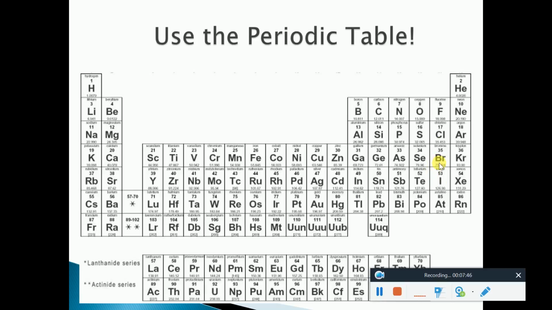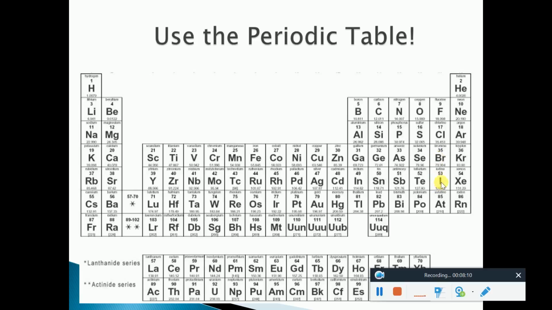So the bond between the hydrogen and the bromine is going to be just a bit stronger than the bond between the hydrogen and the iodine. That's another reason why the hydrogen attached to the iodine is going to be easier to abstract than the hydrogen attached to the bromine.